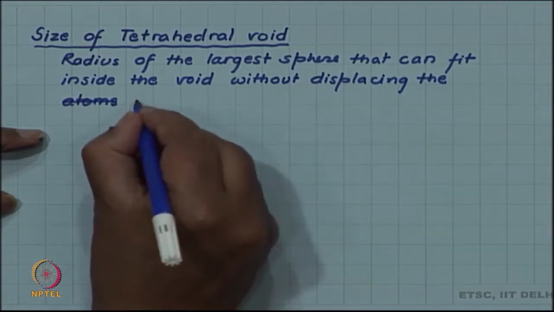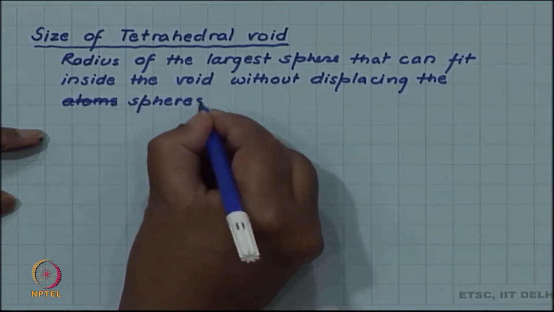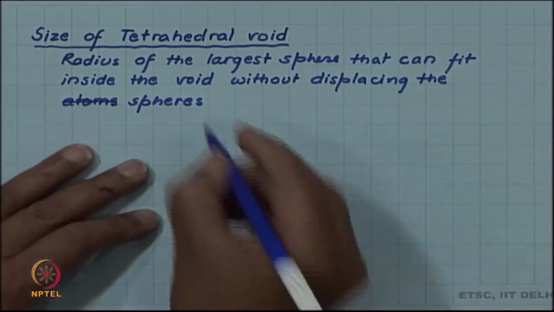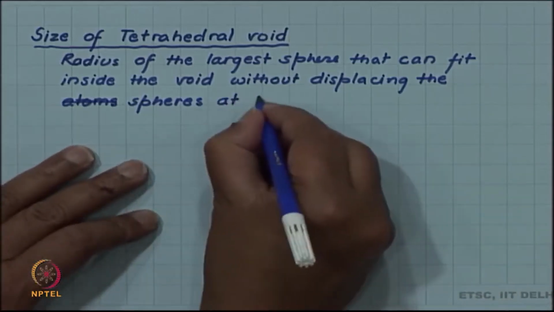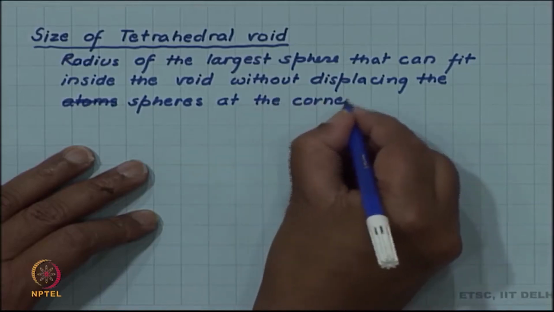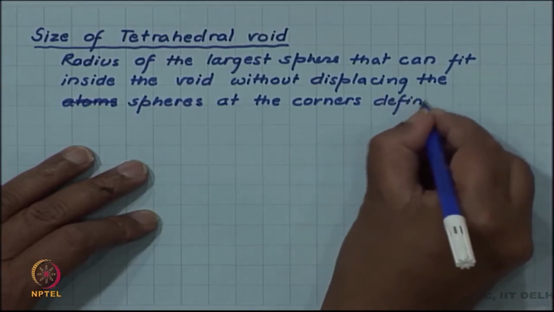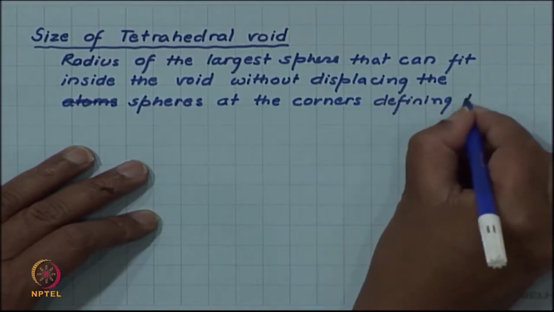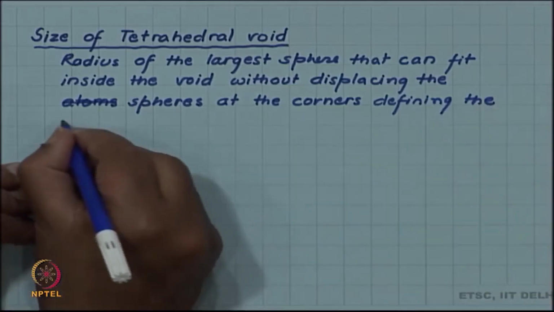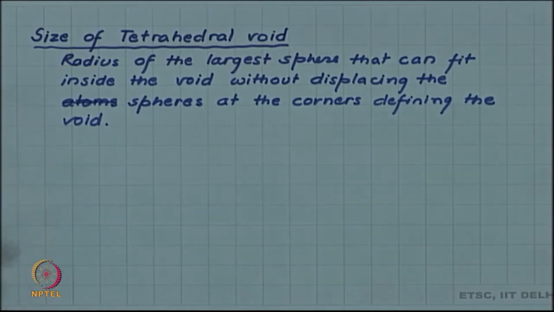Since I am using a sphere, let us continue with that terminology, without displacing the spheres at the corners defining the void. This is how we define the size of a void.